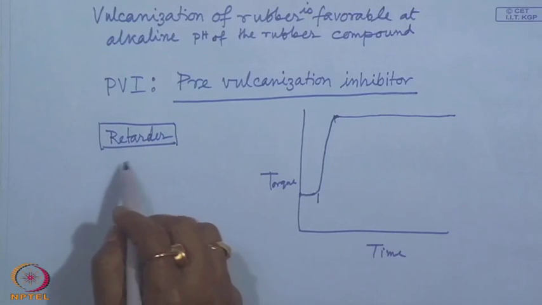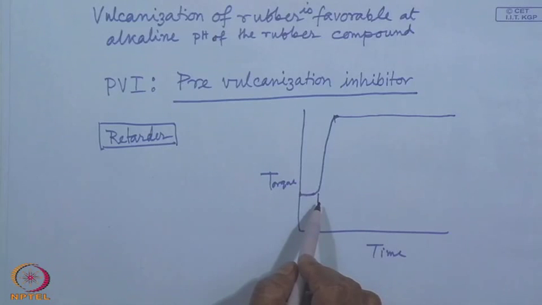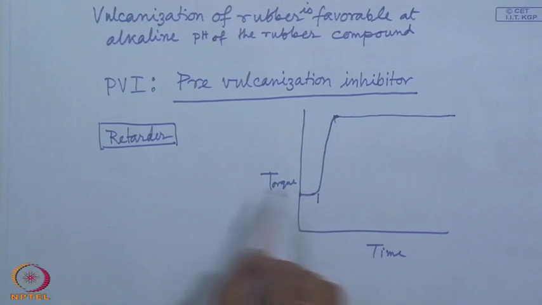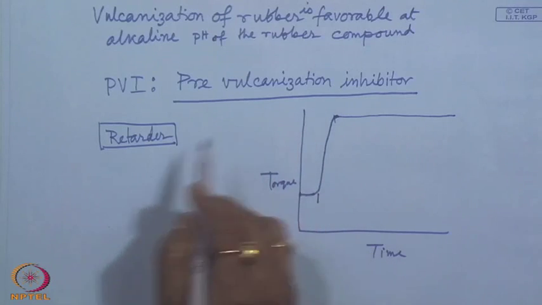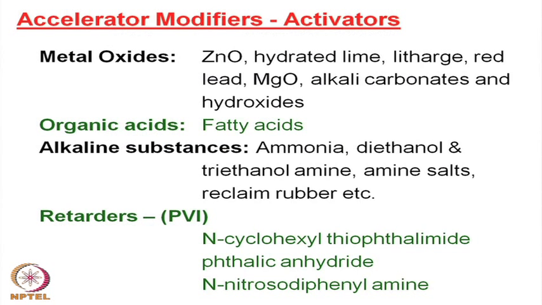A retarder will retard or inhibit the vulcanization reaction, and that is called a pre-vulcanization inhibitor. Compounds like N-cyclohexylthiophthalimide, or even phthalic anhydride, acidic in nature.